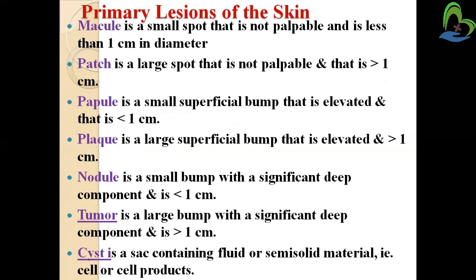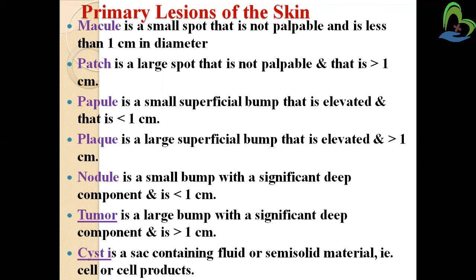The next one is papule, a small superficial bump that is elevated and less than 1 centimeter, and plaque, which is a large superficial bump that is elevated but greater than 1 centimeter. The next is nodule. It is a small bump with a significant deep component and it is less than 1 centimeter. The next is tumor, which is a large bump with a significant deep component and it is larger than 1 centimeter.